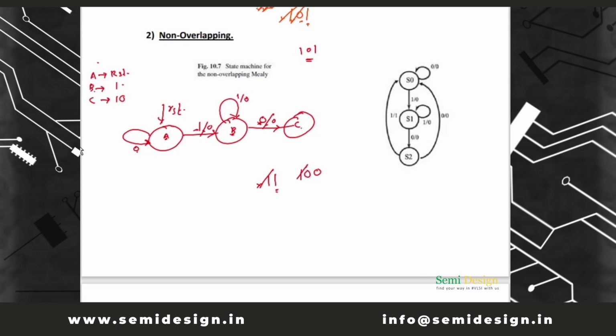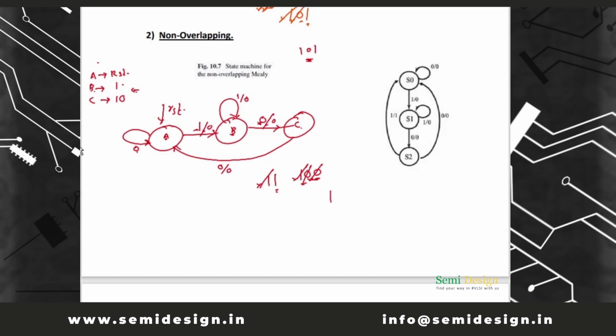What will happen? Discard first bit, 0 0. Compare this with this table, no 0 0, right? Discard another bit, compare with this 0, no state with 0, right? Discard this bit. Now nothing is there, so it will go to its reset state, and output is 0 because sequence 101 is not detected.